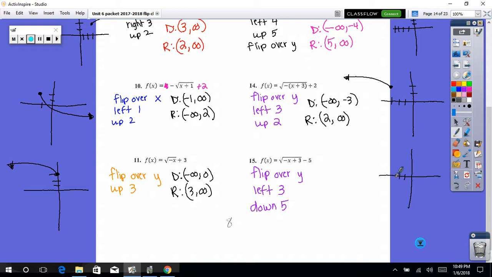So we went left 3, down 5, and we are pointing to the left. So our domain is from negative infinity to negative 3, and the range is from negative 5 to positive infinity.